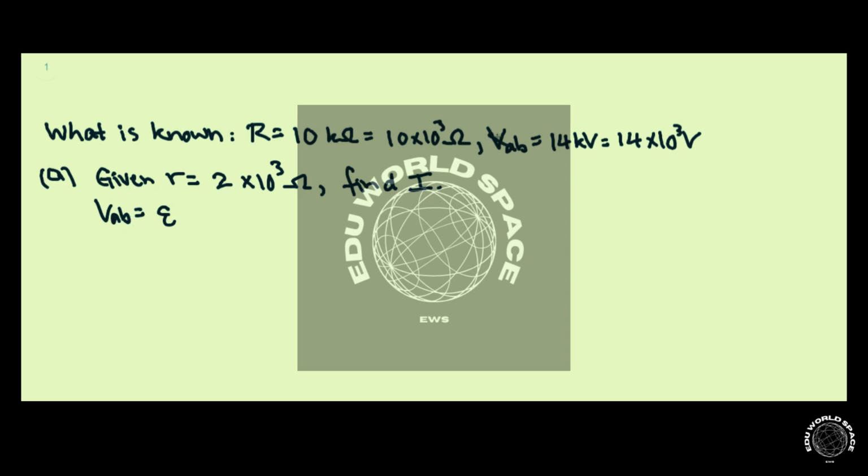Sorry, and we're actually given the EMF here, minus the current times the internal resistance, and we also know that V_AB is equal to I times R. So if we substitute that into here, then we find that IR is equal to E minus Ir.